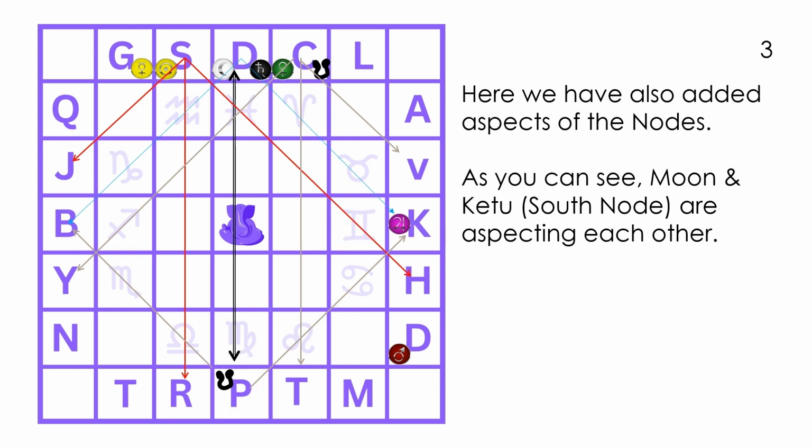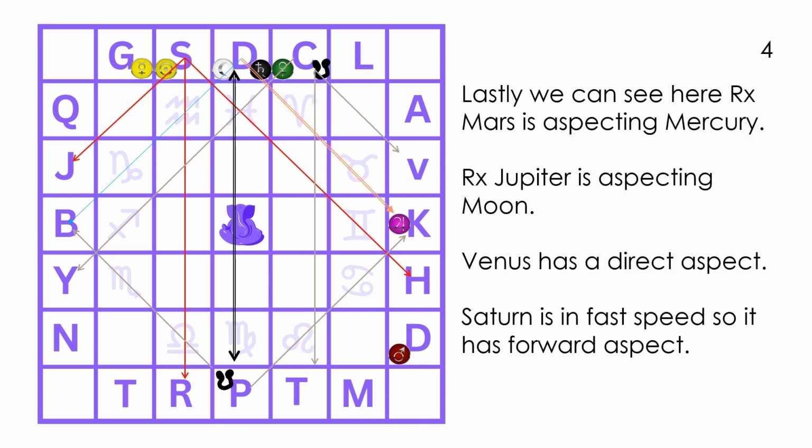Next, we have Mars is retrograde. And from the sound, retrograde Mars is aspecting Mercury. So this aspect, and Mercury is in fast speed, so Mercury is also aspecting Mars. And Jupiter is retrograde. Jupiter is aspecting Moon and Saturn.